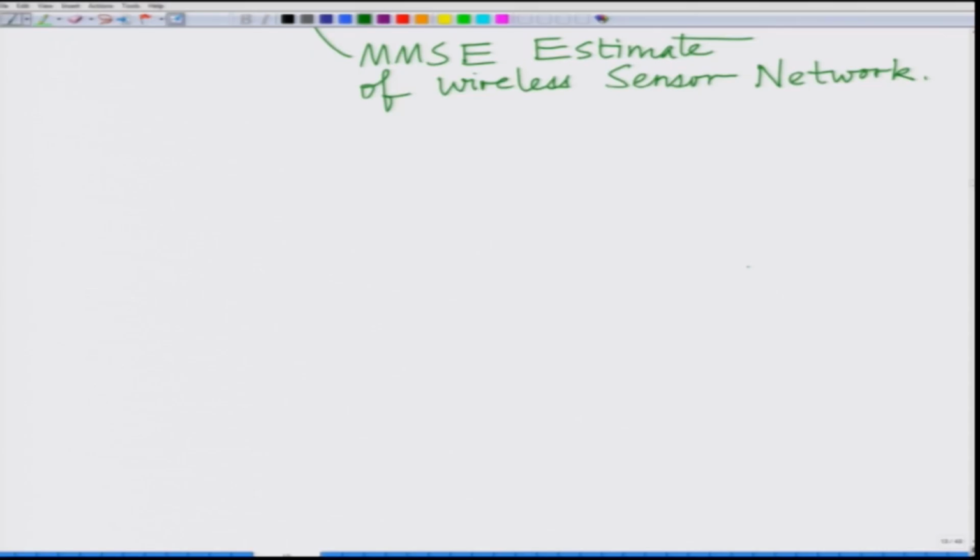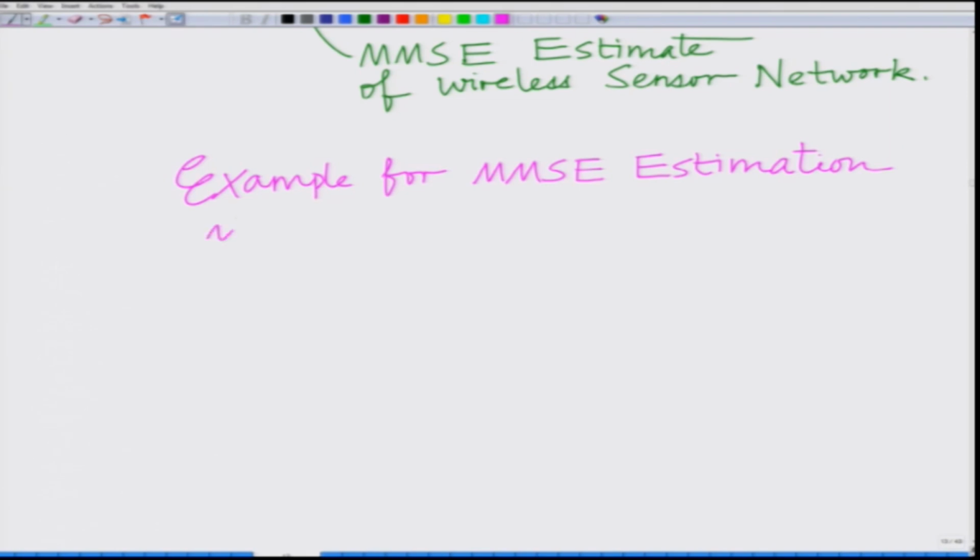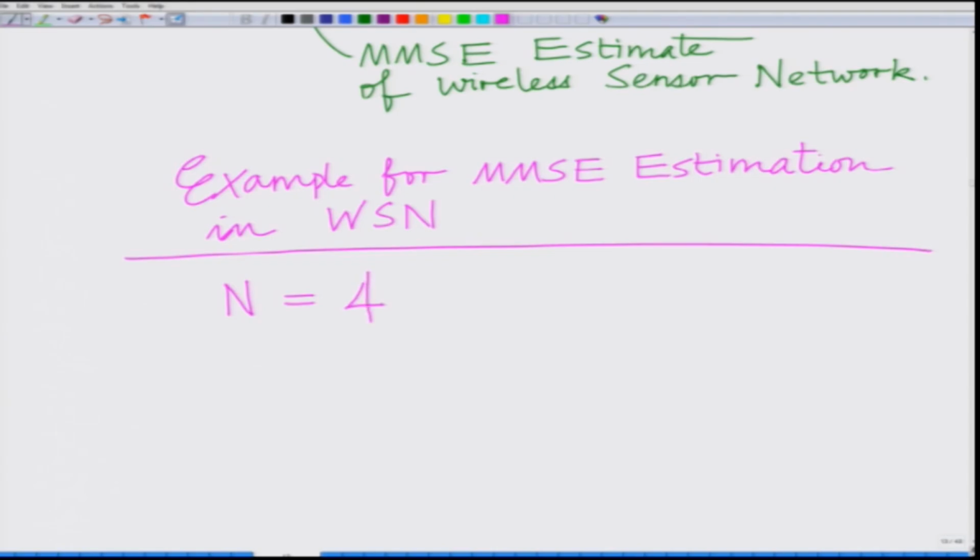Let us do a simple example to understand this. Simple example for a wireless sensor network. Let us consider n equal to 4 measurements or n equal to 4 sensors, which naturally means that there are n equal to 4 measurements.